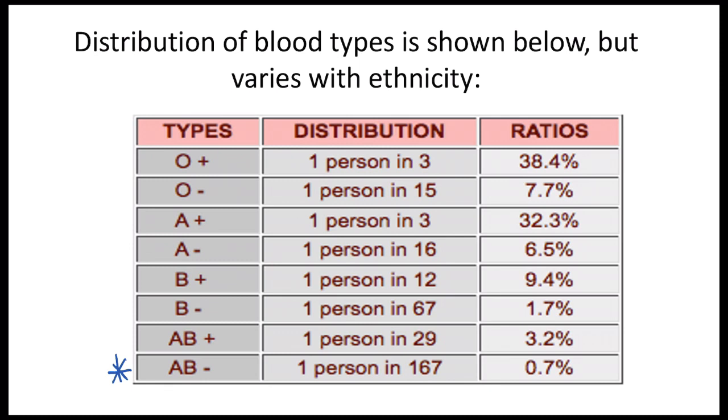The most common blood type is O positive; 38.4% of people have this. Going from most common to least common: O positive, then A plus, and last would be AB minus. So AB minus again is the least common.